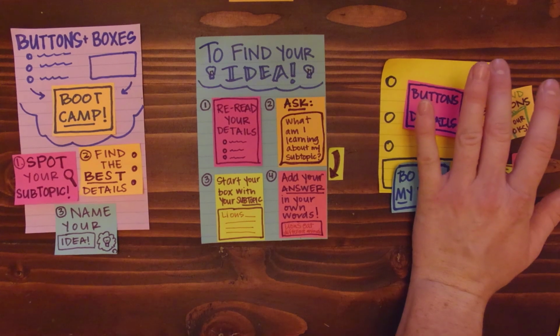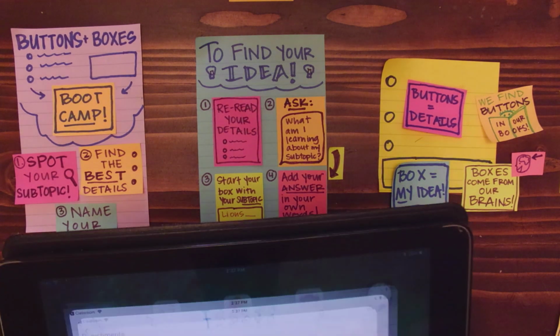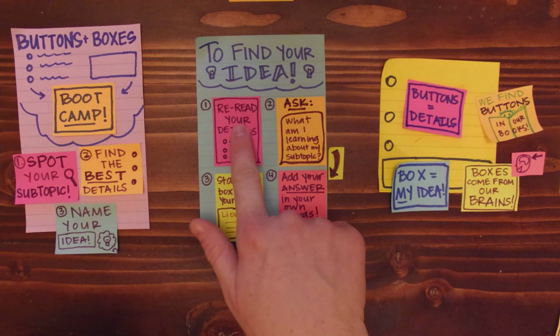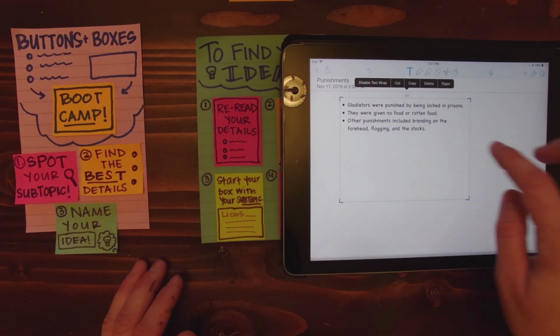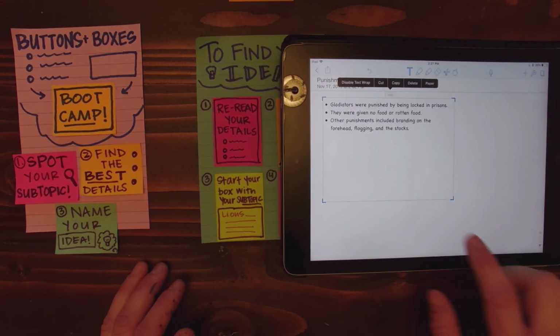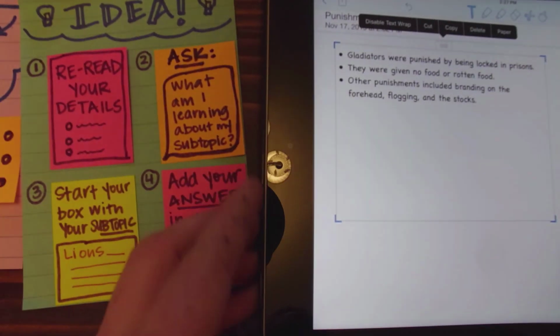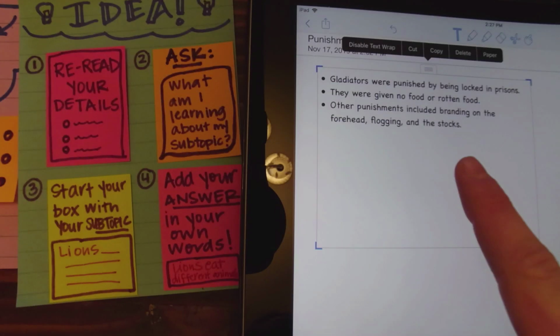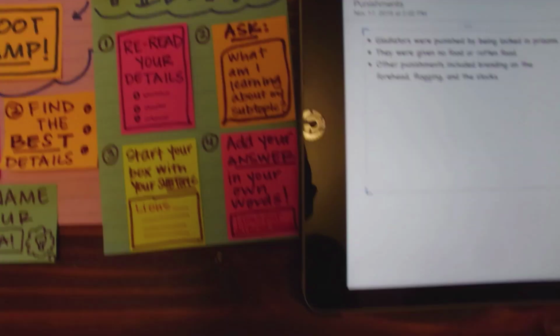Now, yesterday, I showed you a page about punishment that Roman gladiators got if they did something wrong. So, I want to pull back out my notes because I want to reread my details. Okay, so my details from yesterday were these.